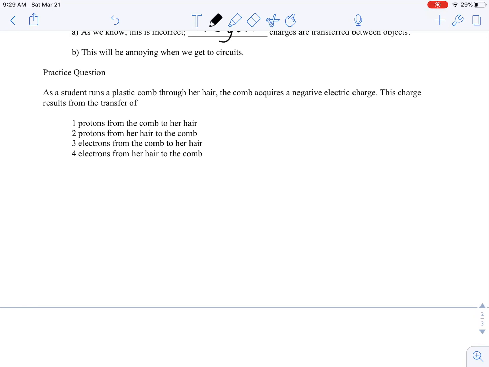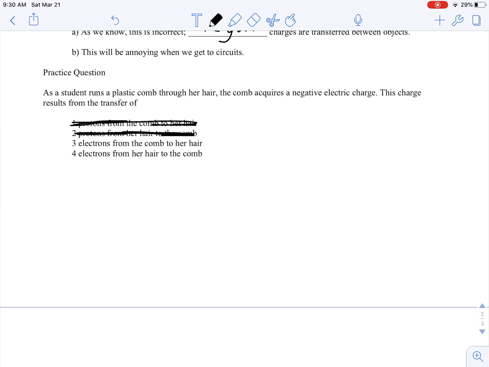From a test-taking perspective, think about which two choices you can eliminate immediately. Those are choice 1 and choice 2. Protons don't move. They're not transferred. So now we've narrowed it down to choices 3 and 4.